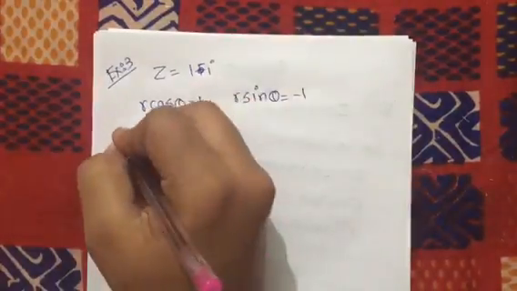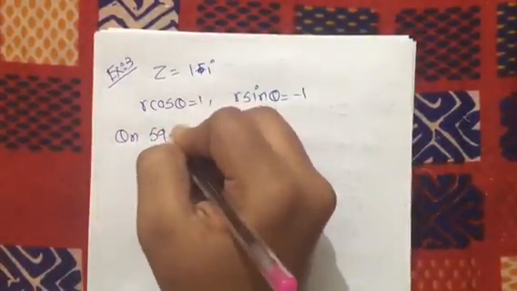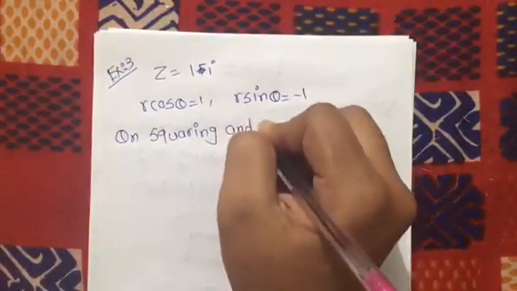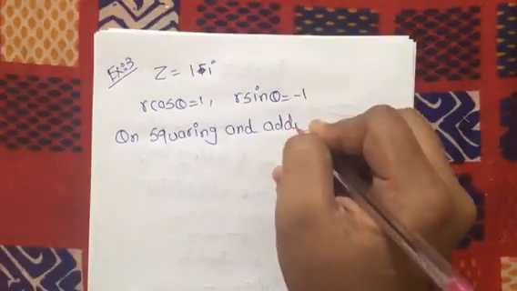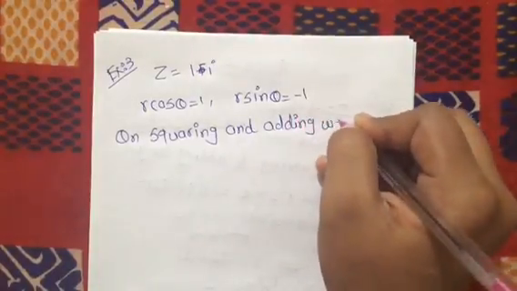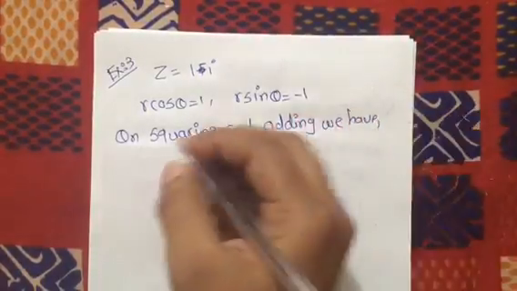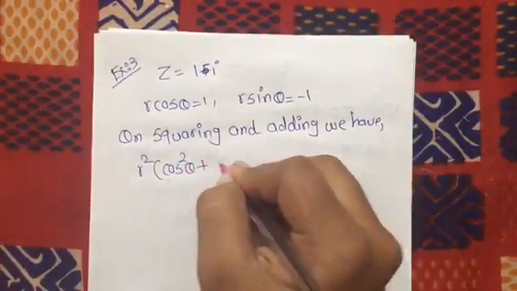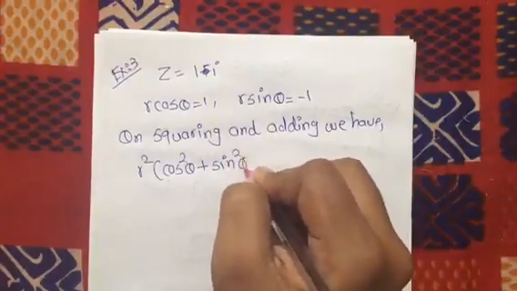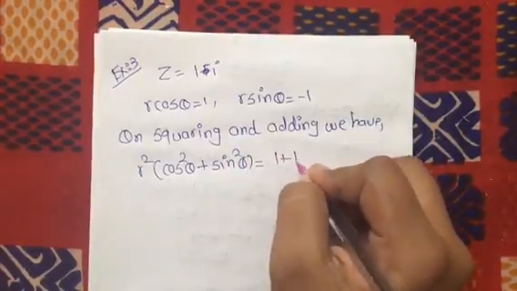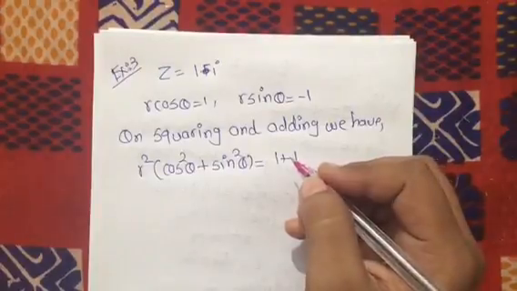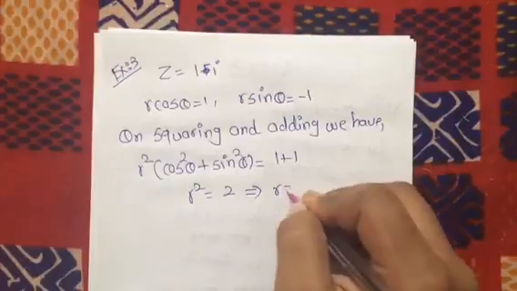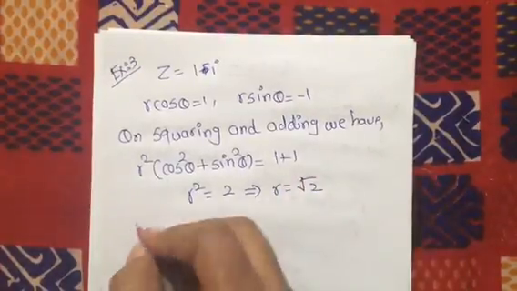Squaring and adding, we have r square bracket cos square theta plus sin square theta is equal to 1 plus 1. So this is r square is equal to 2, which implies r is equal to root 2.